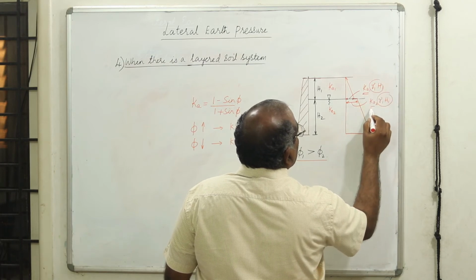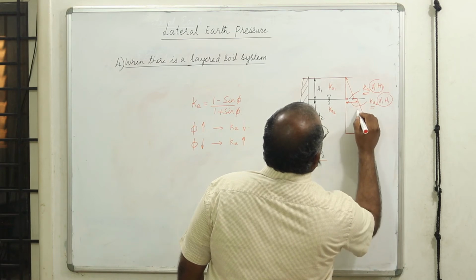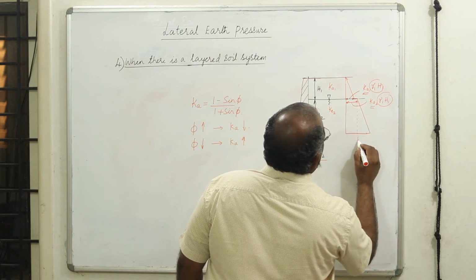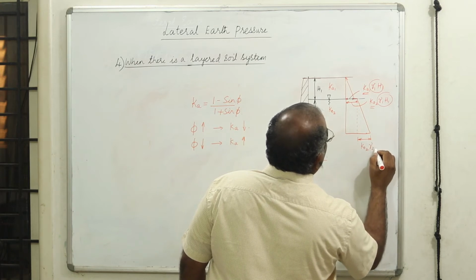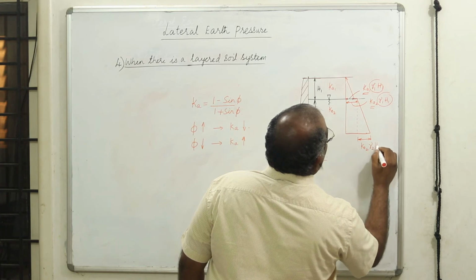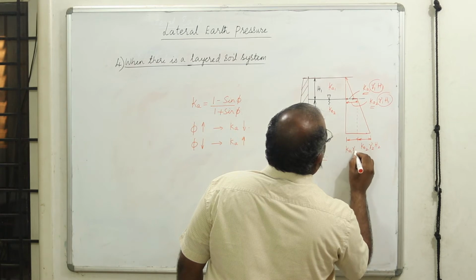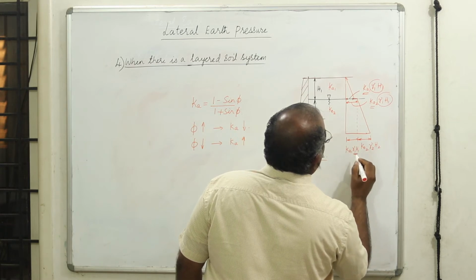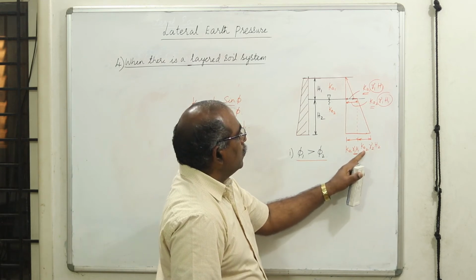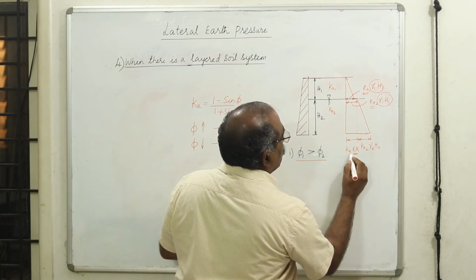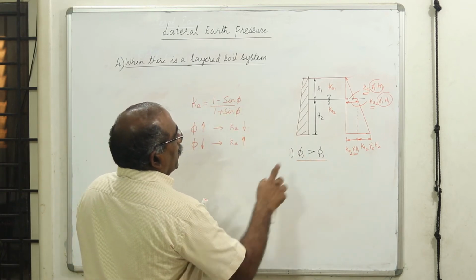The only variation is Ka1 and Ka2. Further, this will be Ka2 into gamma 2 into H2, added to Ka2 into gamma 1 into H1. So see the variation. This is gamma 1 H1, this is gamma 2 H2, and we are going to use different values of Ka at the interface.